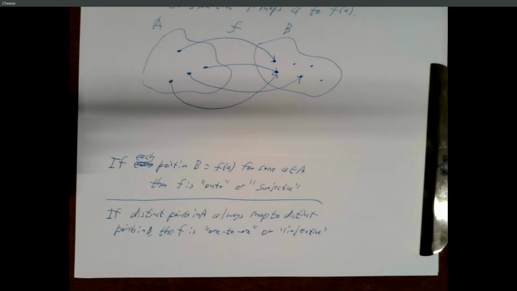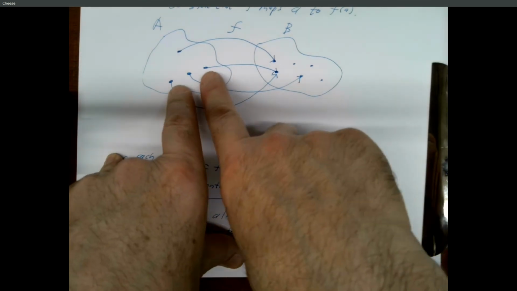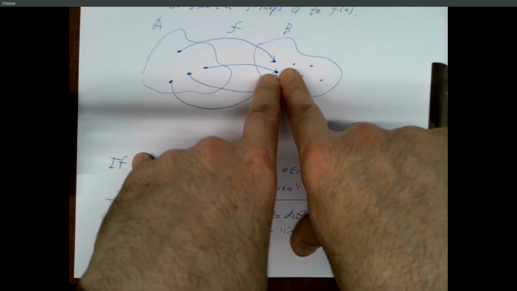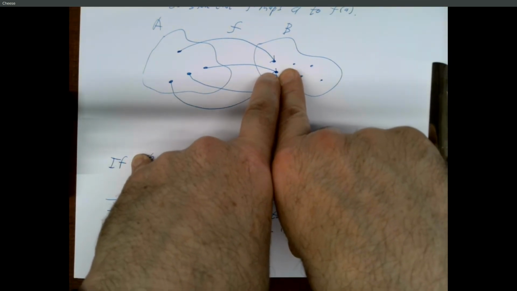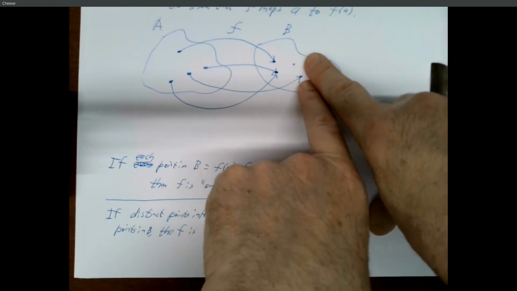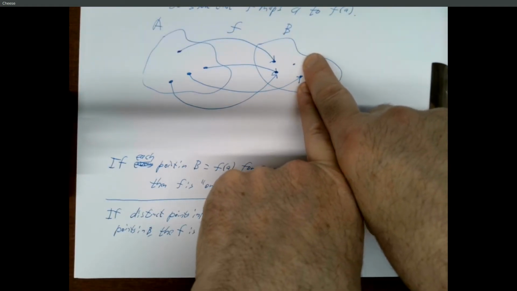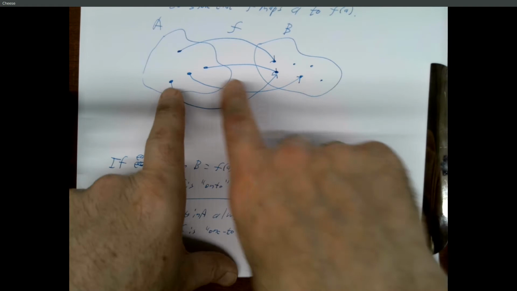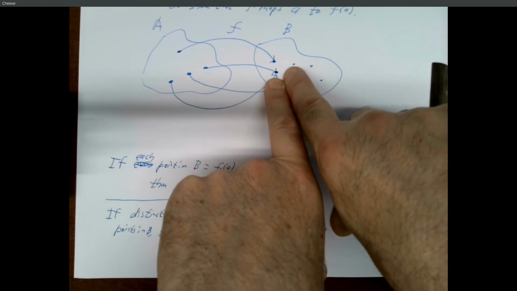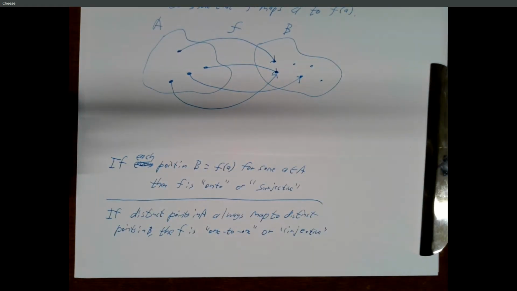So injective means that we don't have this situation where two different points are going to the same place in B. In other words, different points here map to different points there. That's an injective function. Two points map to the same thing, that's not injective. So it's injective if every pair of points in A maps to different points in B.